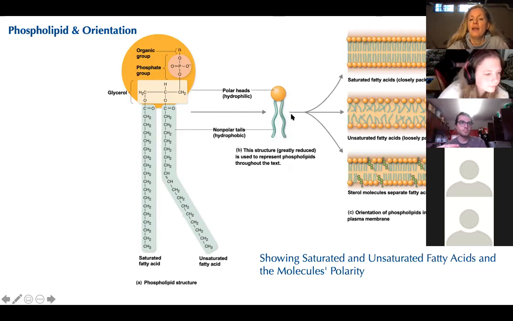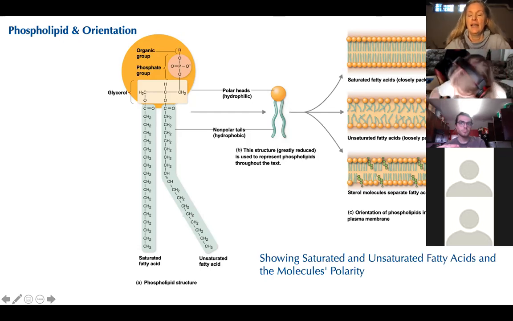So we find in our membranes, and how we typically draw them is we put our polar heads of the phosphate group and the non-polar tails of all these long fatty acids. And they line up together like this, forming an interior of all the non-polar fatty acid tails.